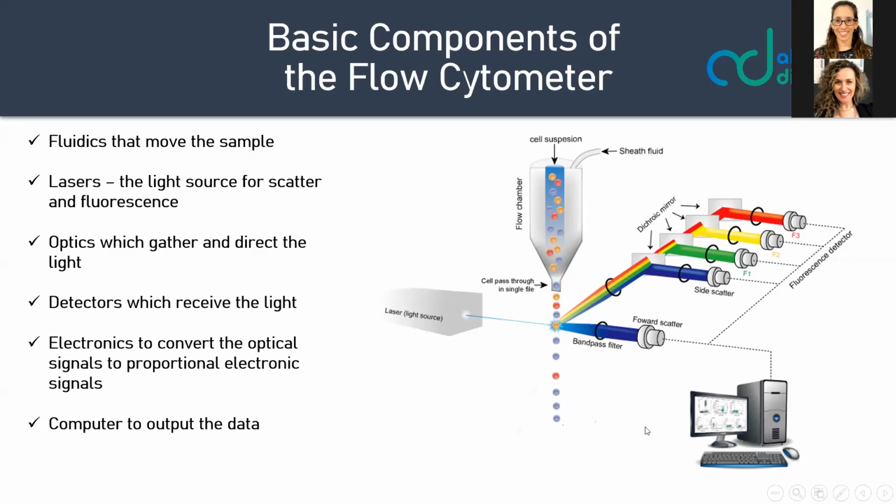In the computer, you will have the software that you can use in order to analyze your flow data. There are many very good software packages on the market. I'm sure you have heard about FlowJo, FCS Express. There are many other very good flow cytometry software packages that can be used to analyze your data.